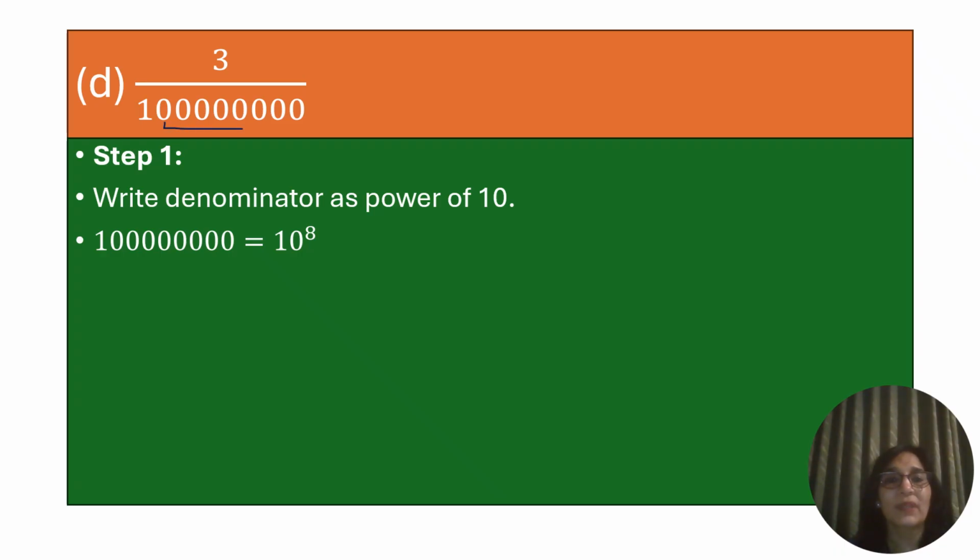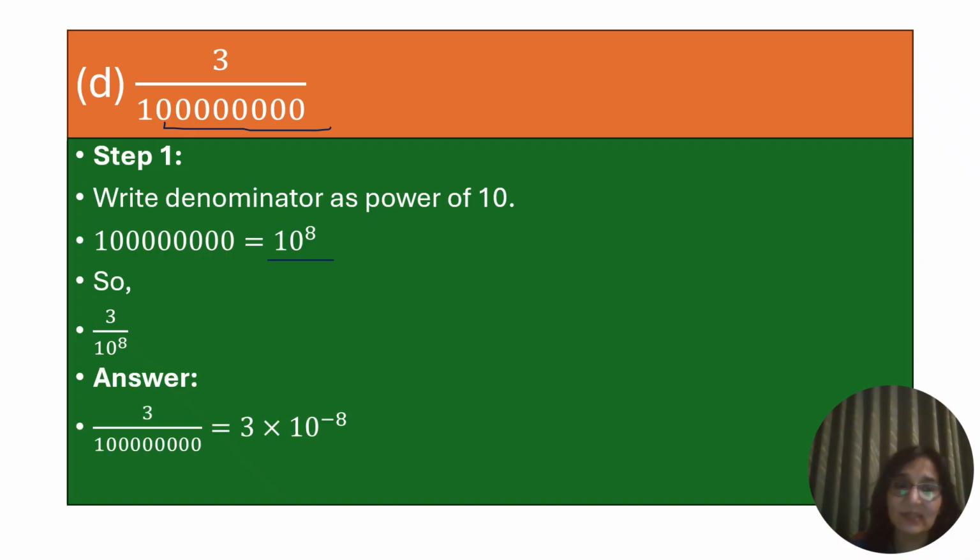So we have 3 upon 10 to the power 8. So what will be our answer? When the denominator goes to the numerator, the positive becomes negative, that is 3 into 10 to the power minus 8. If you solve the previous exercise questions, you will understand how positive becomes negative and negative becomes positive.